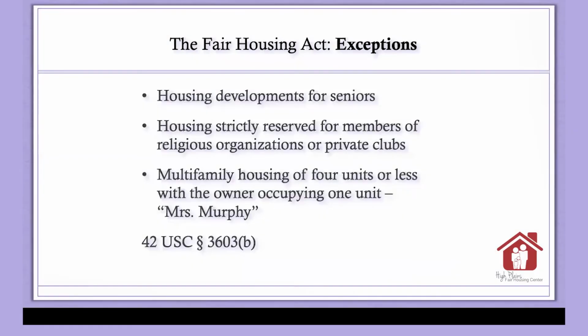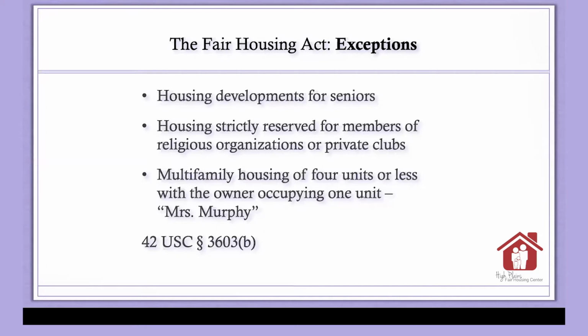And then I mentioned that there are some exceptions, and those can be broadly described as particular housing developments for seniors are allowed if they qualify and if the housing development strictly meets the criteria for that exception, which has to do with the proportion of persons living there of a certain age.